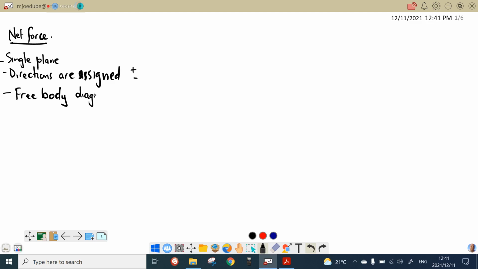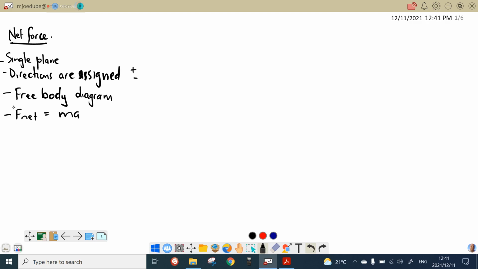Now, the free body diagram is something that's going to become very important, because it's going to enable you to do your calculation. And you also need to remember that your Fnet is found by saying Fnet is equal to MA.